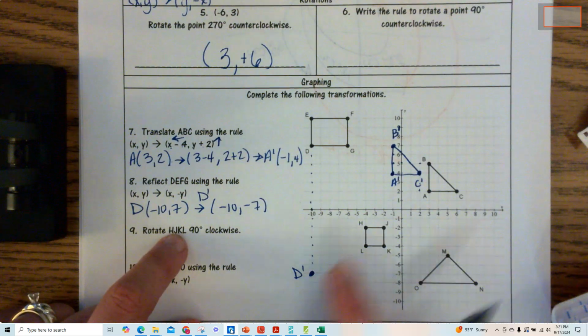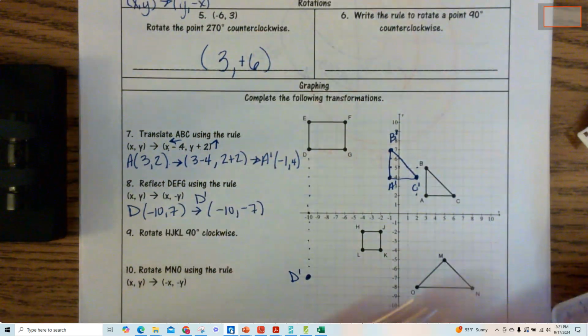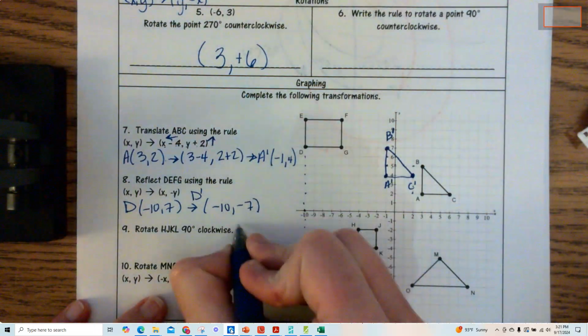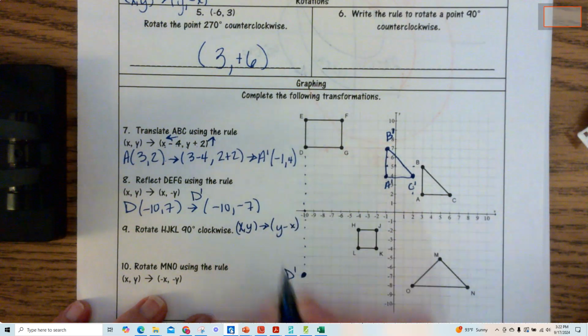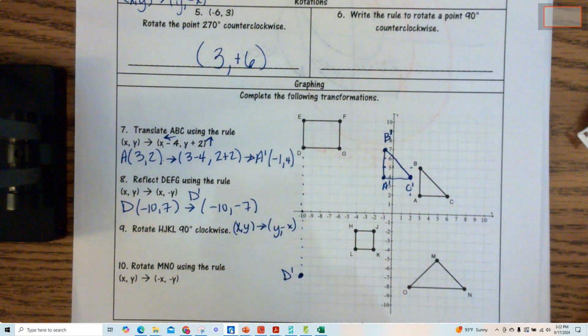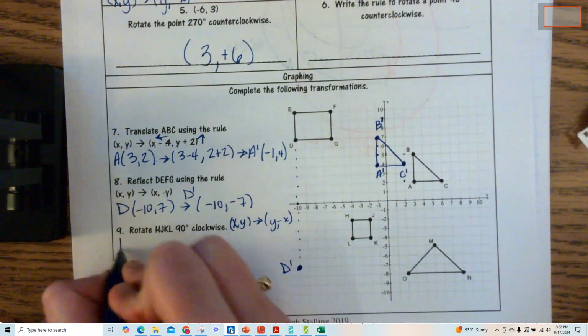All right, we're going to rotate this one 90 degrees clockwise. So that's this rule down here that we changed. X comma Y turns into Y negative X. There's just no easy way. Okay?